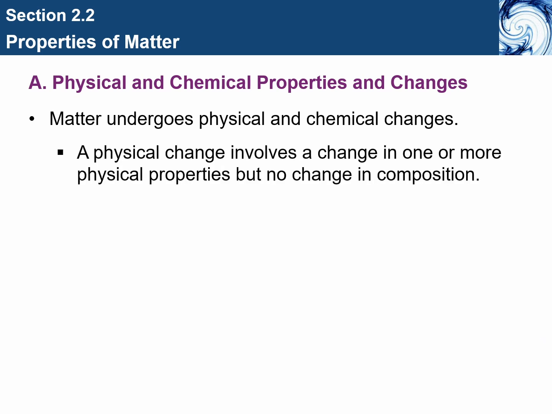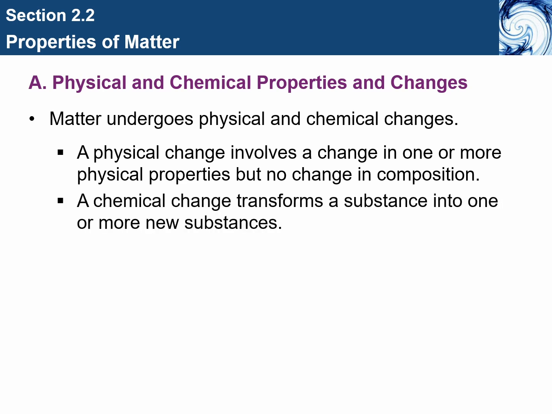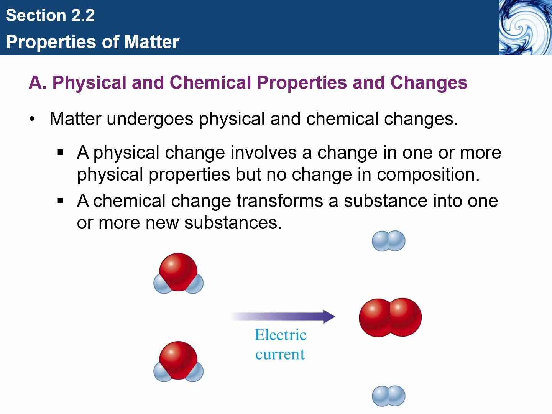A chemical change is a change that transforms a substance into one or more new substances. This slide contrasts with physical change, which changes physical properties without changing composition. In this particle diagram, water molecules are exposed to an electric current. The water molecules are rearranged to form hydrogen molecules and oxygen molecules.